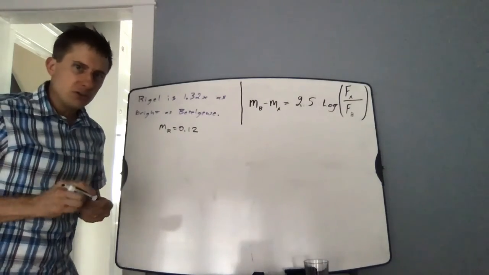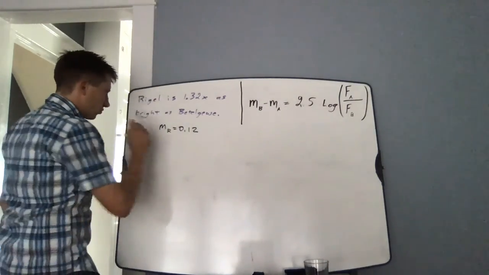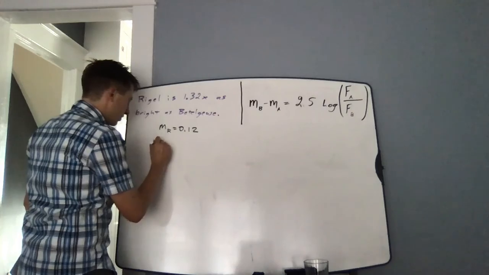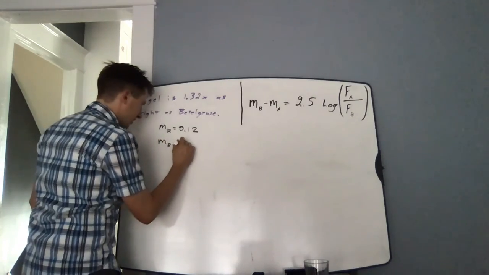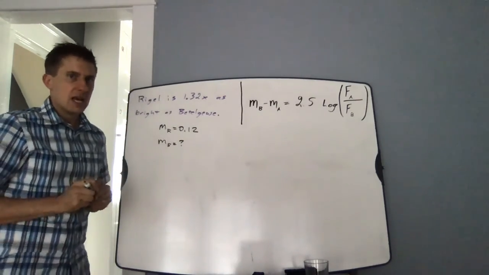Secondly, we are told that the magnitude of Rigel is 0.12. The magnitude of Betelgeuse is the unknown we're trying to find.